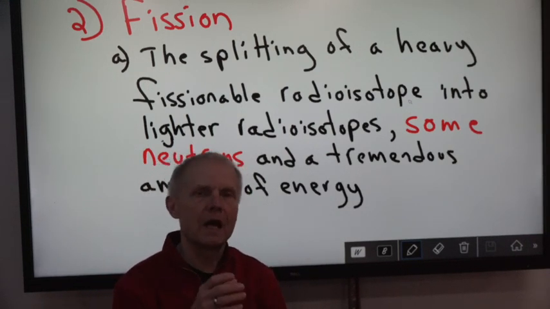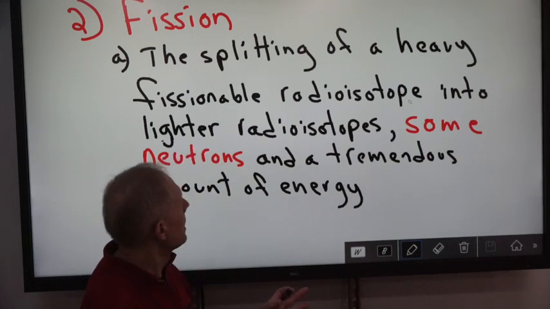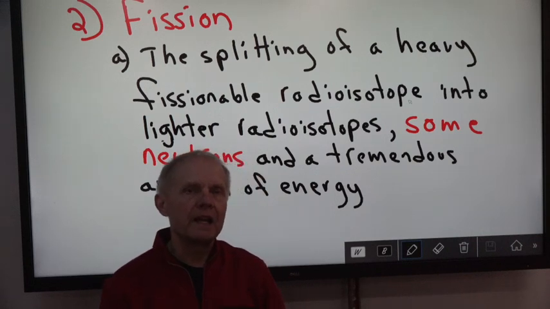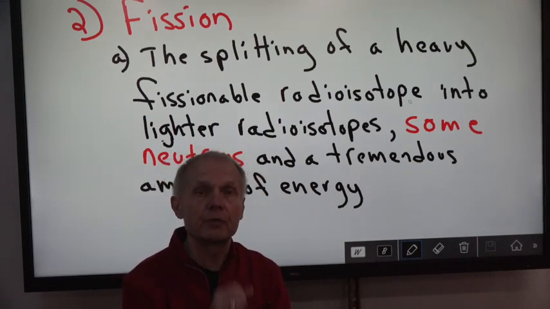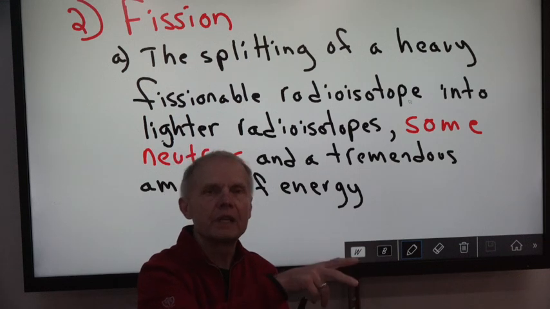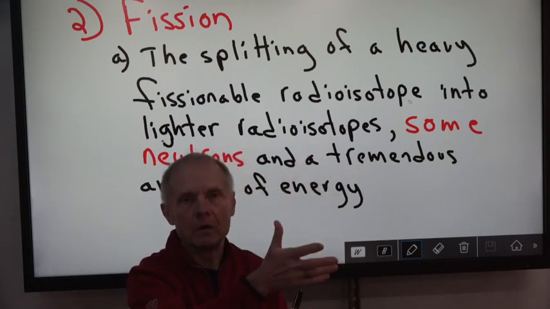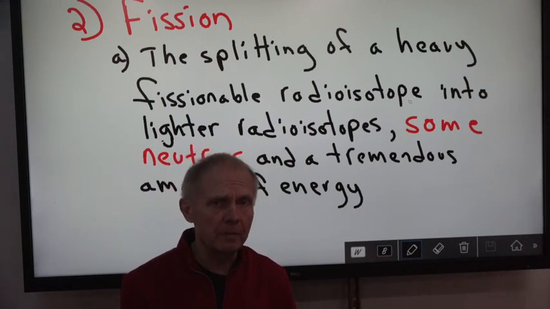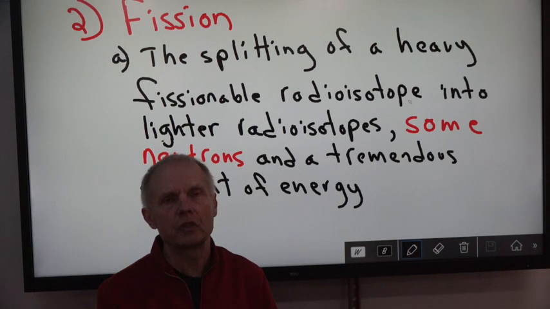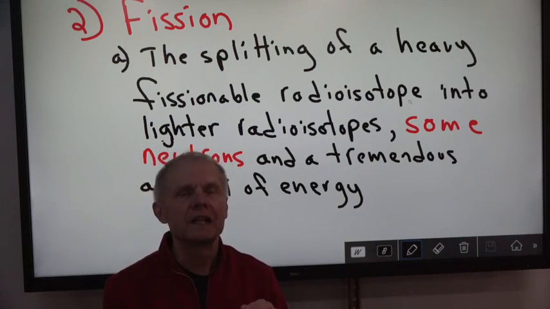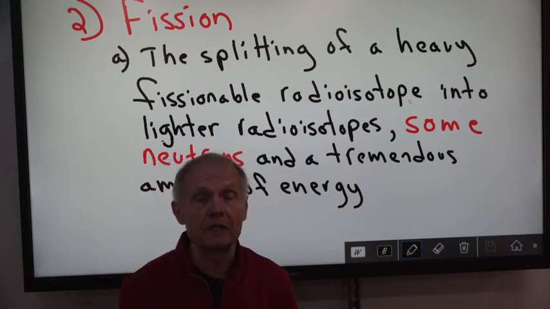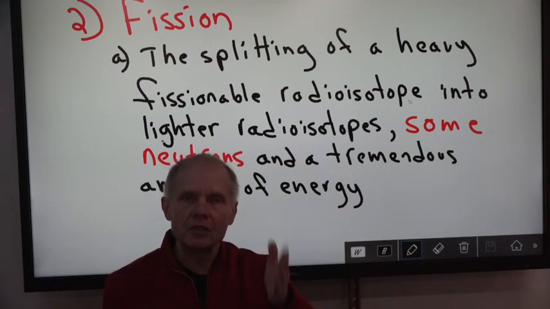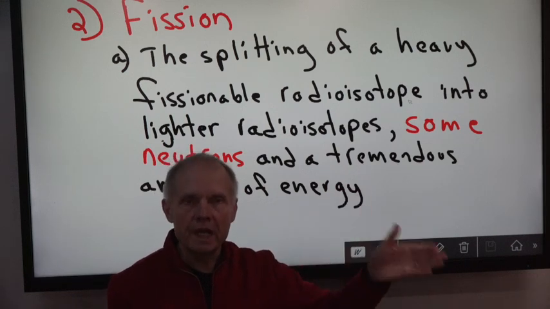And these neutrons will hit more of the fissionable radioisotope, and if one of the neutrons hits another nucleus, 3 more will come out. And those 3 hit 3 more, 9 more will come out. And it happens in a millisecond. So what we're talking about is a radioisotope that when you hit it, it not only gives off a huge amount of energy, it gives off several neutrons to continue the chain reaction.